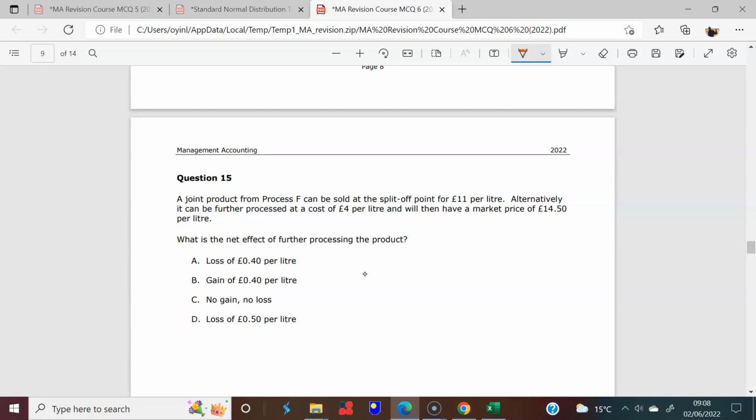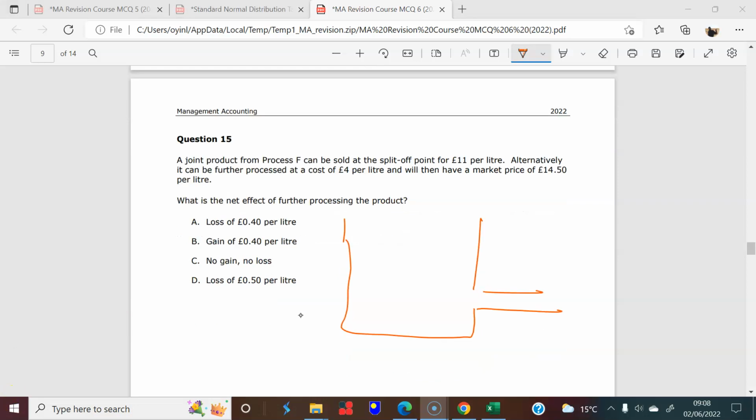The final question says that the joint product can be sold at the split-off point for £11.